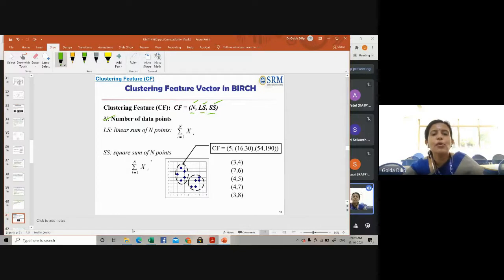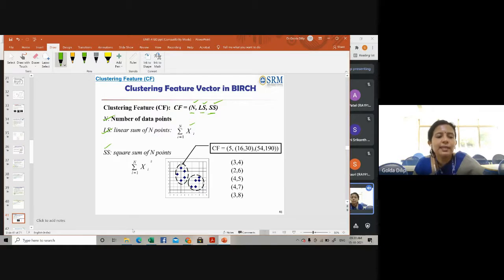LS is the linear sum of the n data points, that is, sigma xi, i equal to 1 to n. Then you have SS, the squared sum of the data points in the cluster, that is, sigma xi square. So it is nothing but a three-dimensional vector.